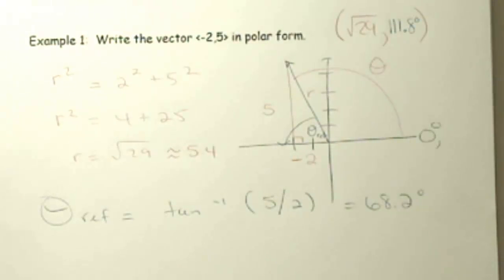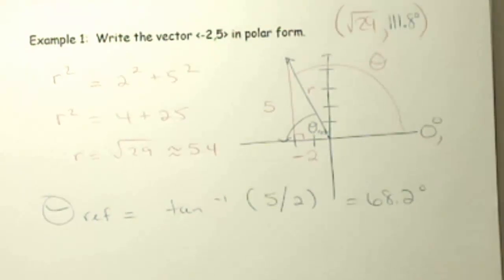And there we go. That is our polar form of the vector, which, by the way, is the magnitude and direction, just in case we're doing some kind of application scenario in the future.